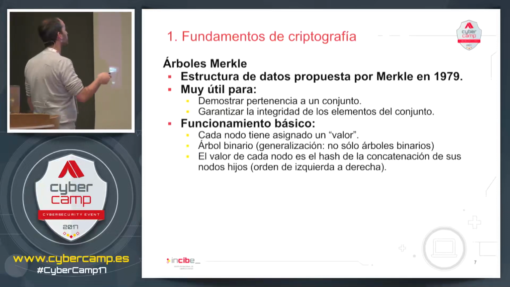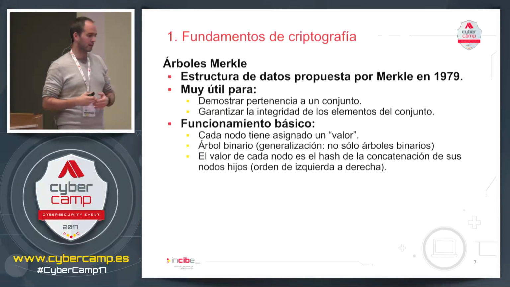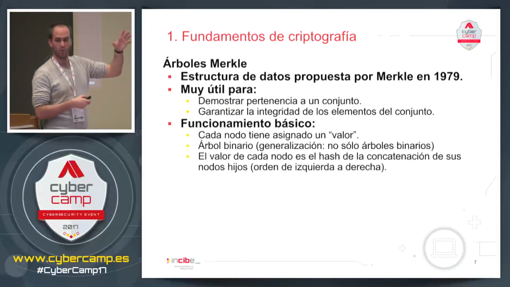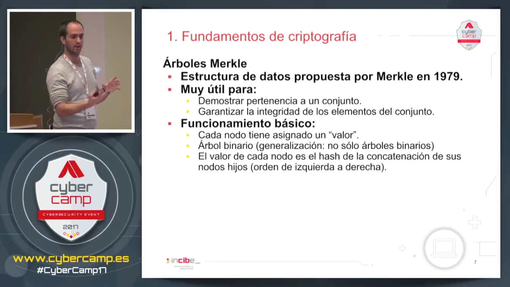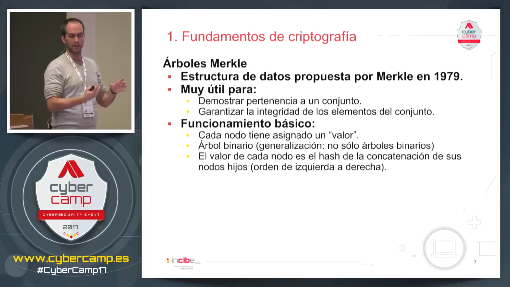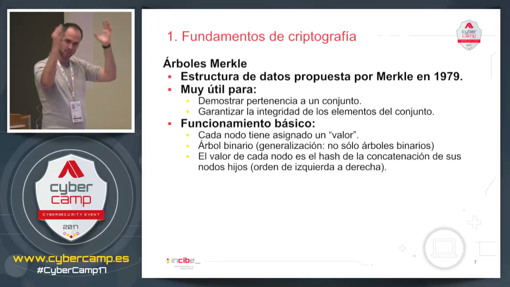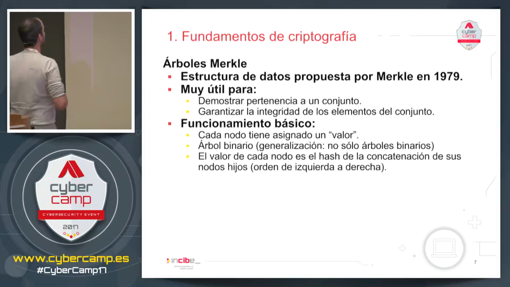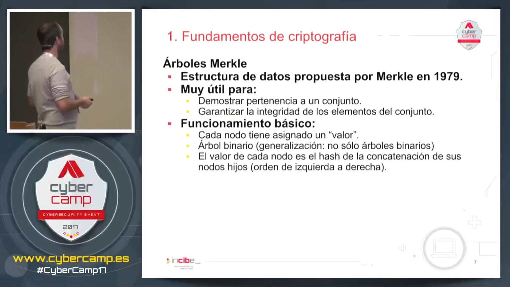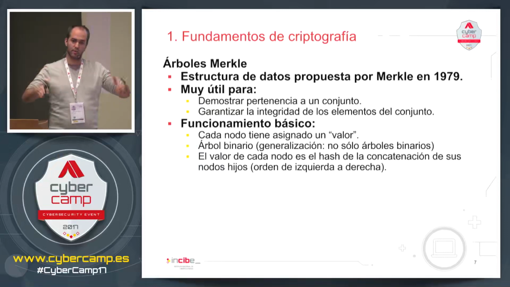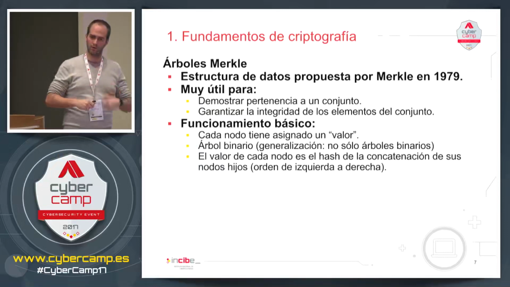They're very useful because they show quite efficiently that an element belongs to a set, at the same time as protecting the integrity of the set, so that if any of the values in this set are modified, the Merkle tree result will be completely different. So we go from a linear cost to a logarithmic cost.